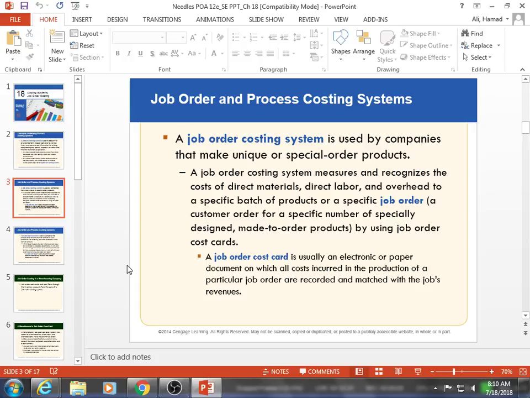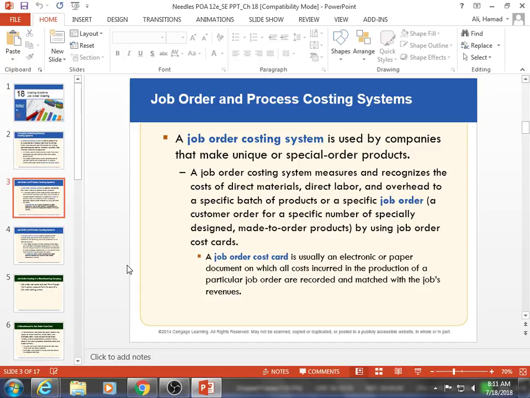For example, if you make t-shirts, the t-shirt itself is not unique, but once you put a logo on it, it becomes a special order. That's job order costing.